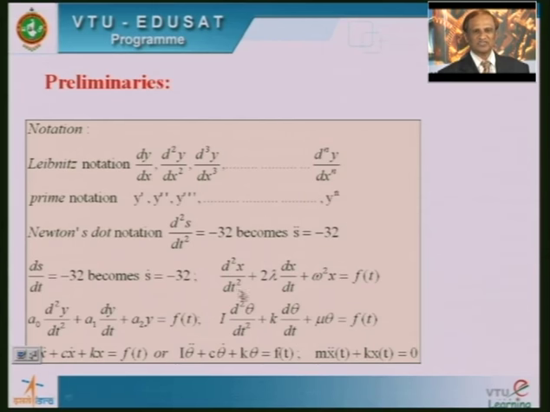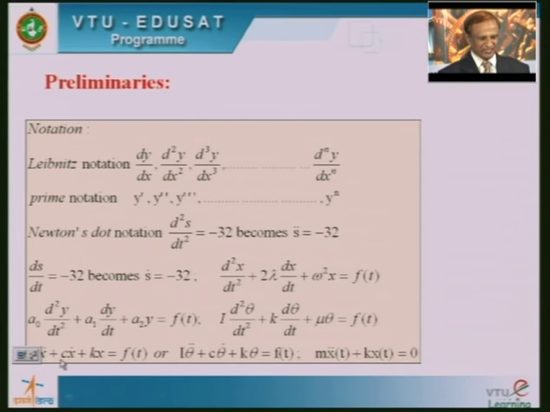Now, you observe these equations: in some equations I have used theta, in some I have used x or y, and the independent variable is also x or t. Is it clear? So, like that we can use different notations to represent a differential equation.